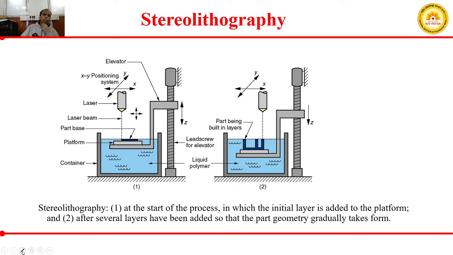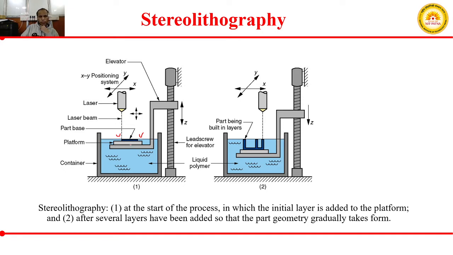Initially we have only liquid, and for printing the first layer of your CAD model or slice data, we move the laser source over this initial base surface. Wherever the laser moves, the liquid gets solidified instantly, within 2-3 seconds.